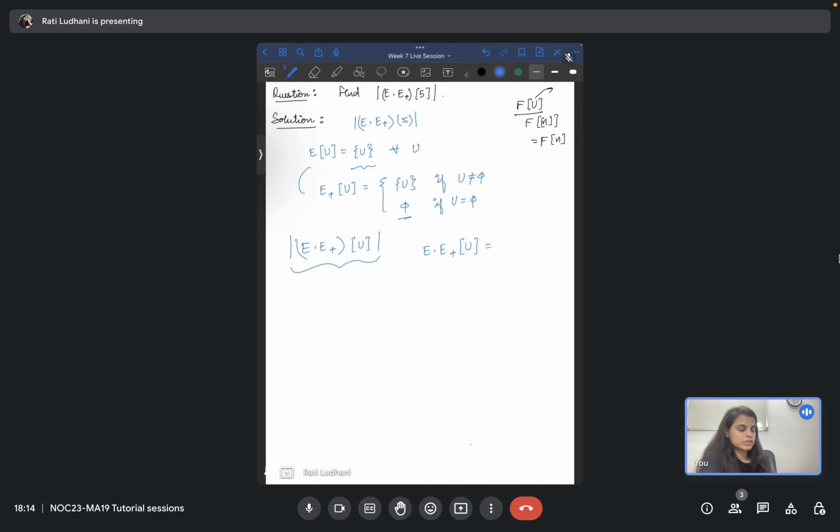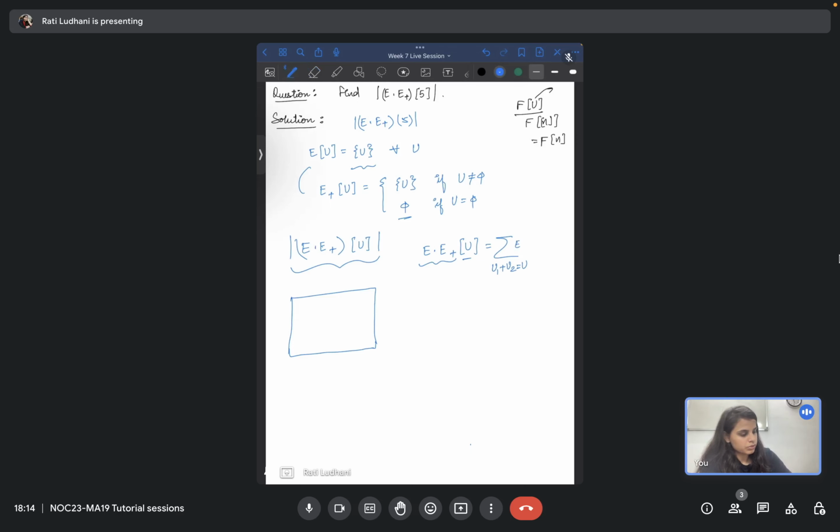As a set, what are the structures on U, what are the E dot E plus structures on U? According to the formula, you take U1 plus U2, and E of U1 times E plus of U2.